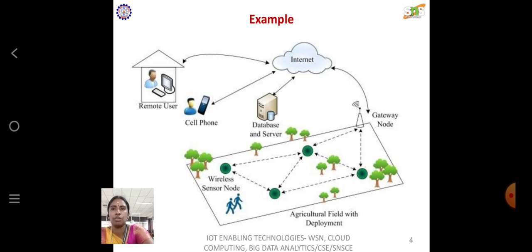Then transmission media. The communication between the nodes is normally implemented using radio communication over the popular ISM band. Some sensor networks use optical or infrared communication, with the latter having the advantage of being robust and virtually interference free.